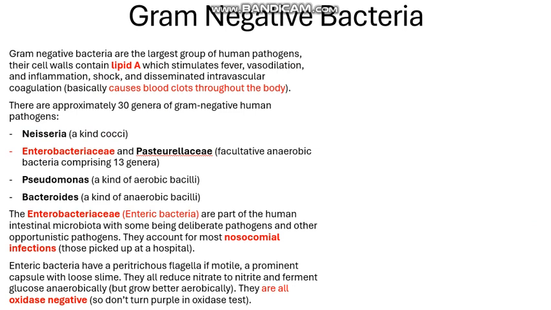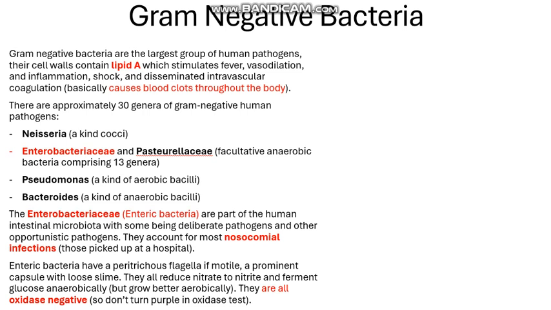So the Enterobacteriaceae, or enteric bacteria, are part of the human intestinal microbiota, with some being deliberate pathogens and others being opportunistic pathogens. Deliberate pathogens means that their life cycle requires a human host, so they're deliberately trying to infect you.